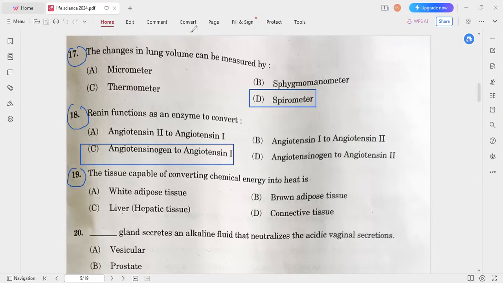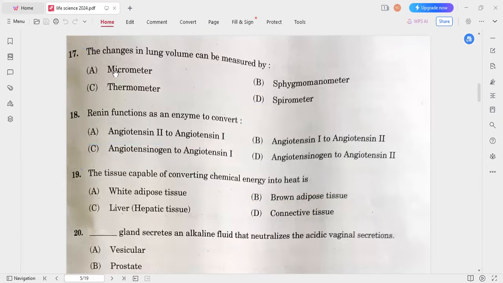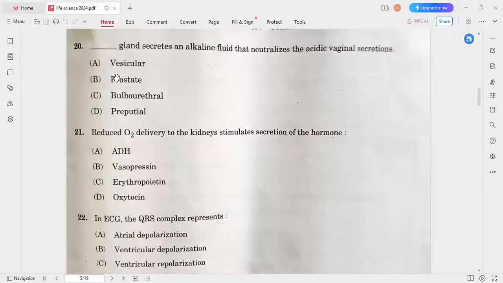One adipose tissue is there, a special adipose tissue, called brown adipose tissue. Option B, brown adipose tissue, is the correct answer for this question, which converts chemical energy into heat to maintain the body temperature. That's it. Okay, so now move on to the next question, that is question number 20.